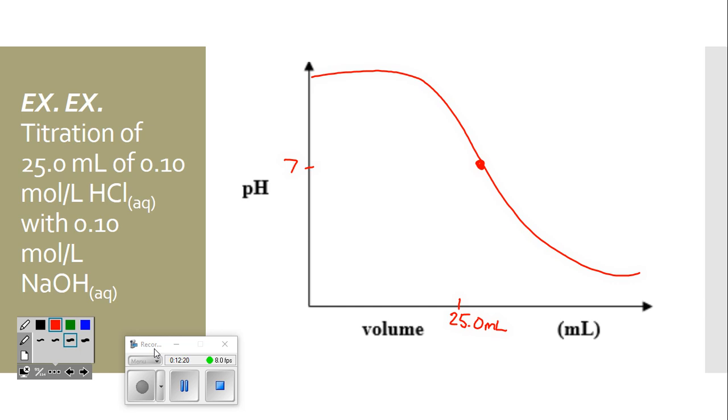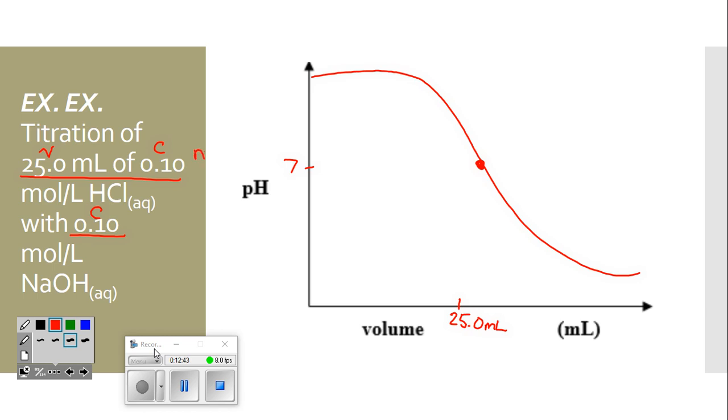Now, why should it be that way? Well, let's think about it. This is a volume, this is a concentration, this is a concentration. I said that the equivalence point, so that number of milliliters on that bottom axis, would be when you have the same number of moles of acid and base.